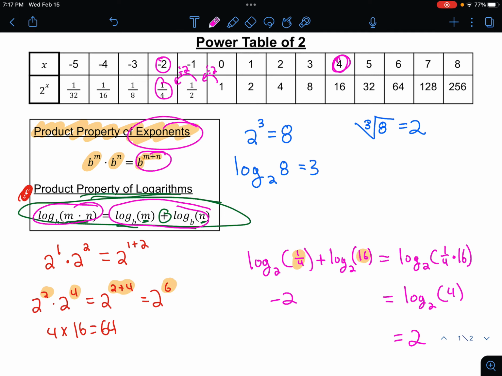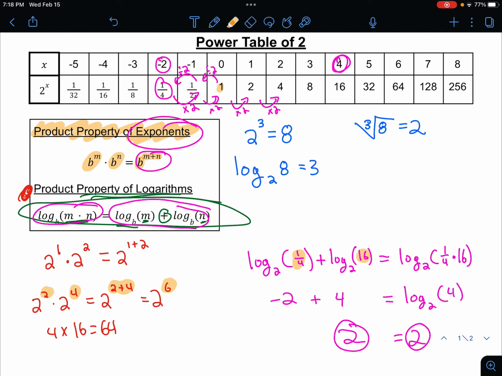So now starting at that point, we're going to multiply by 2, multiply by 2, multiply by 2, and multiply by 2. And so what we're going to get is 4 more multiplications of 2, giving us a total of -2 and then 4. So 2 multiplications of 2.